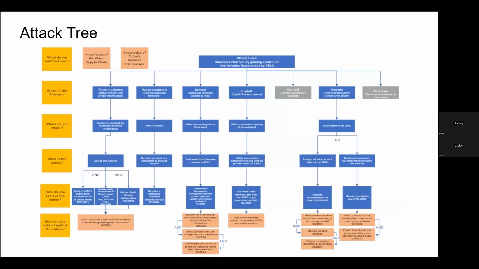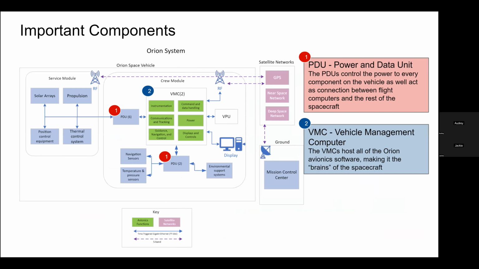So this attack tree details the attack that we would do on the spacecraft, which is basically to leverage the supply chain to infiltrate the avionics system and deploy the ransomware. A couple important components of this.